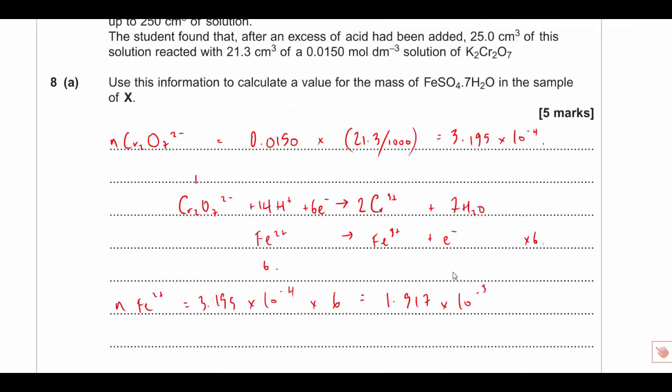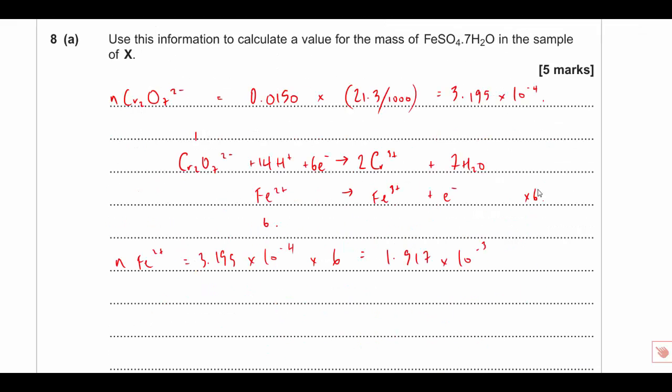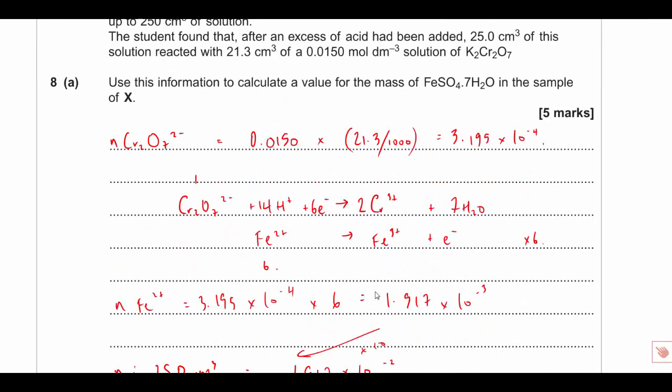That's my moles of Fe2+ reacting. Now that's in 25 centimetres cubed, so it's that times 10. It's going to be 1.917 times 10 to the minus 2 in 250 centimetres cubed.